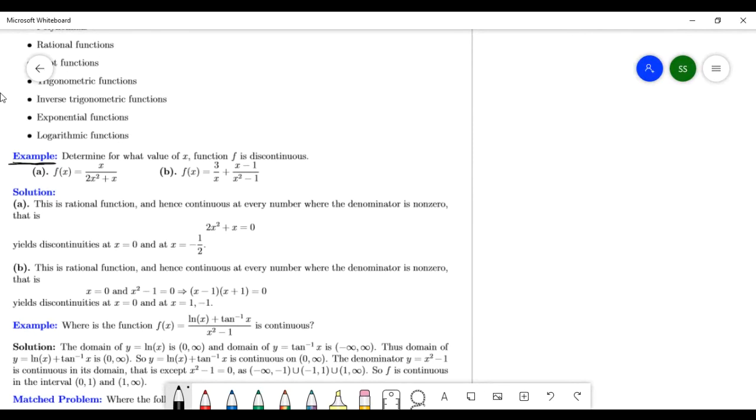Now let me start from the example. This example right here.